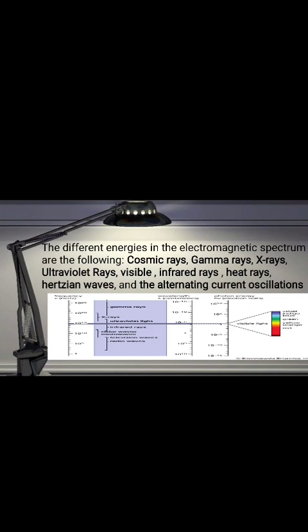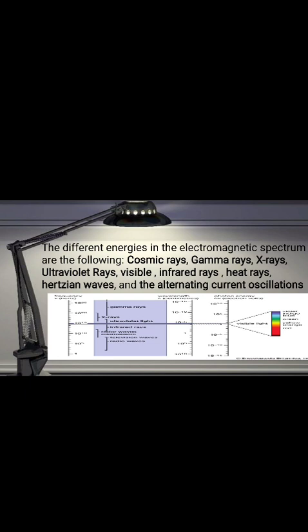Scientists represent wavelength and frequency by the Greek letters lambda and nu. Using those symbols, the relationship between energy, wavelength, and frequency can be written as wavelength equals the speed of light divided by the frequency.